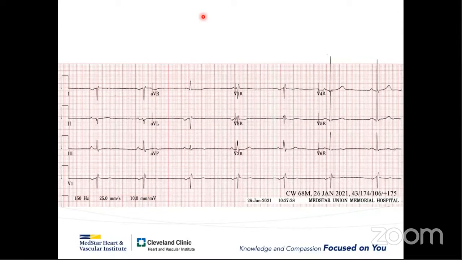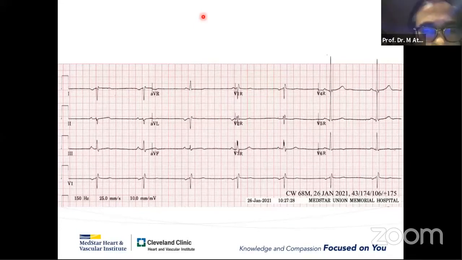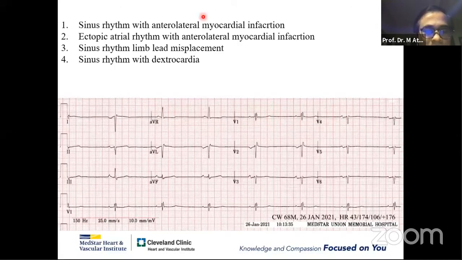Sir, I will not say that the apex is on the right side. I will say that the apex is on the left side. That means levocardia. But from the P wave in lead 1 and aVR, I will comment, sir, atrial situs inversus. Sir, can you bring the first ECG, sir? Are you commenting about this ECG?